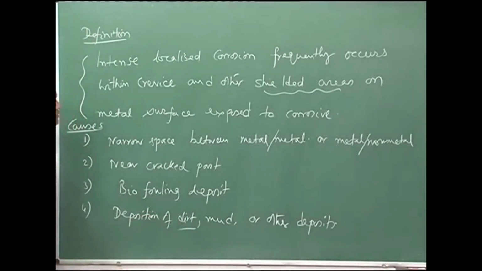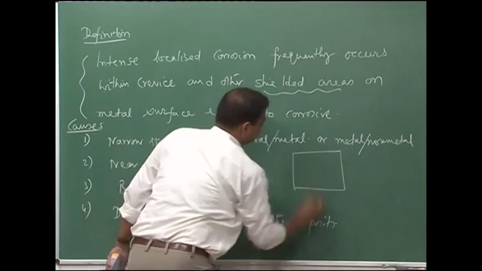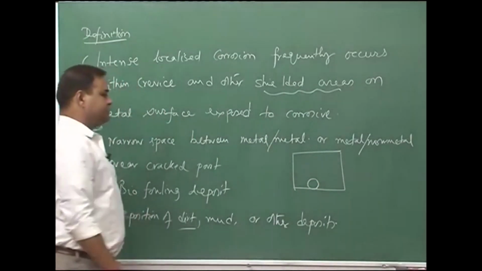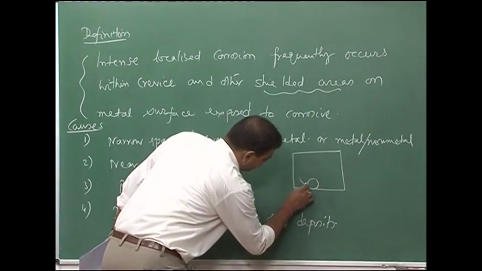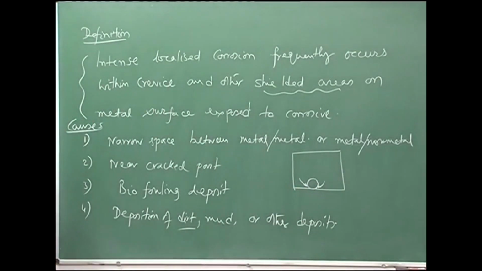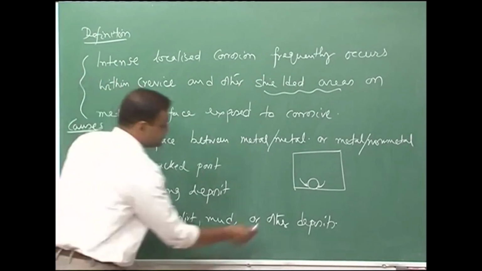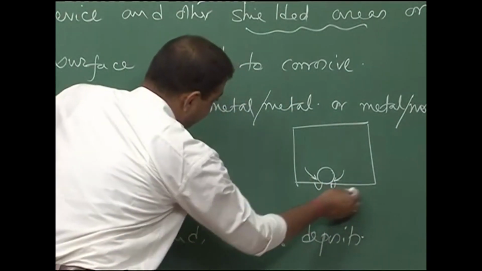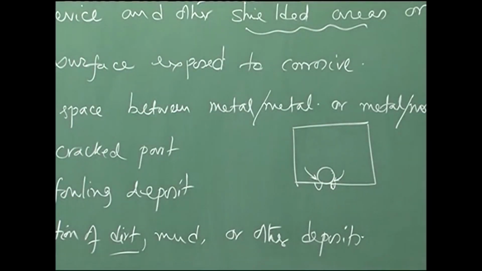So, let us say dirt in a water tank, this is a water tank. If we have a small dirt which is falling and staying at the bottom, then we can create two crevices. This is one crevice, this is another crevice, where water can remain stagnant and it can lead to localized corrosion in this zone, and there could be a severe corrosion in this zone compared to the other surfaces of the mild steel tank.